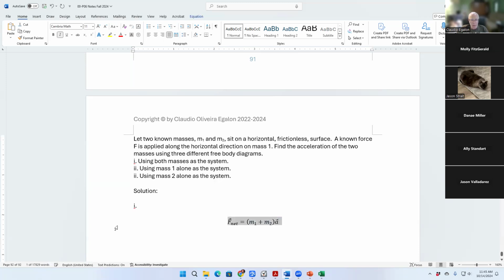This equation can be broken down into 2 different equations. One along the horizontal direction, the other along the vertical direction.